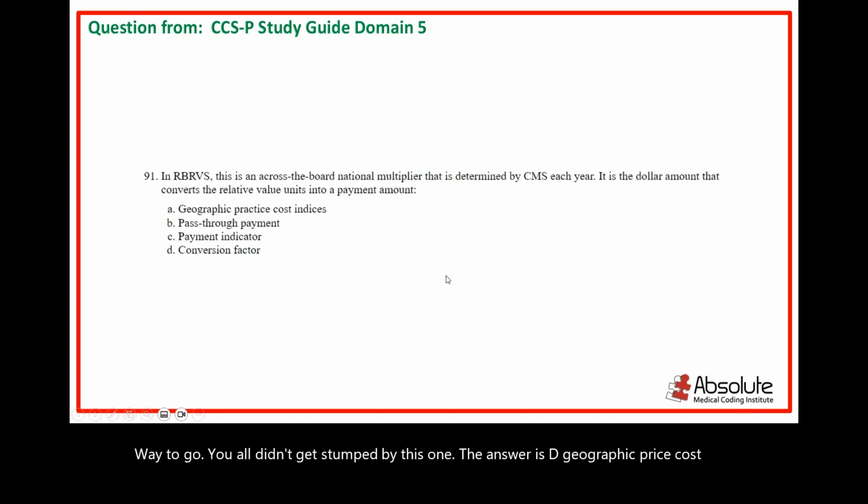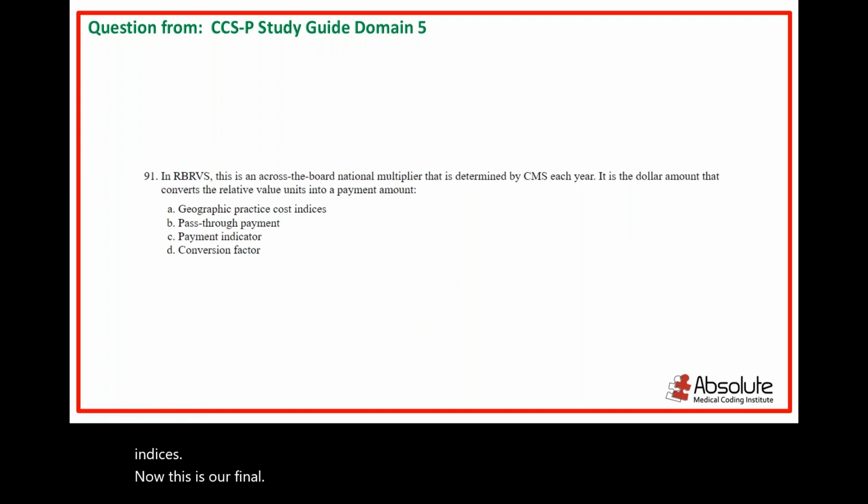Now, this is our final. A, geographic practice cost indices. B, pass-through payment. C, payment indicator. D, conversion factor. In RBRVS, this is an across the board national multiplier that is determined by CMS each year.